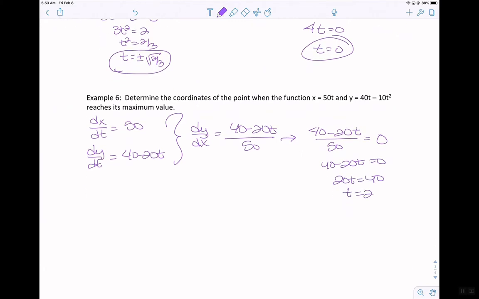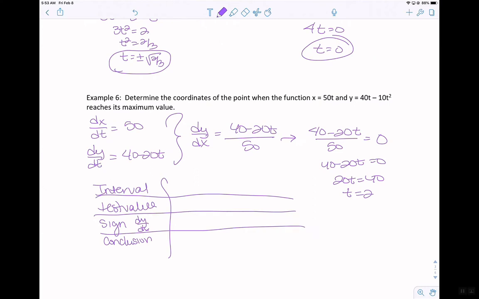And I want to figure out max and min, so of course, I'm going to do the chart. So interval, test value, sign of dy/dx, and conclusion. So I'm going to go negative infinity to 2, 2 to infinity. I'm picking t equals 1 and t equals 3.